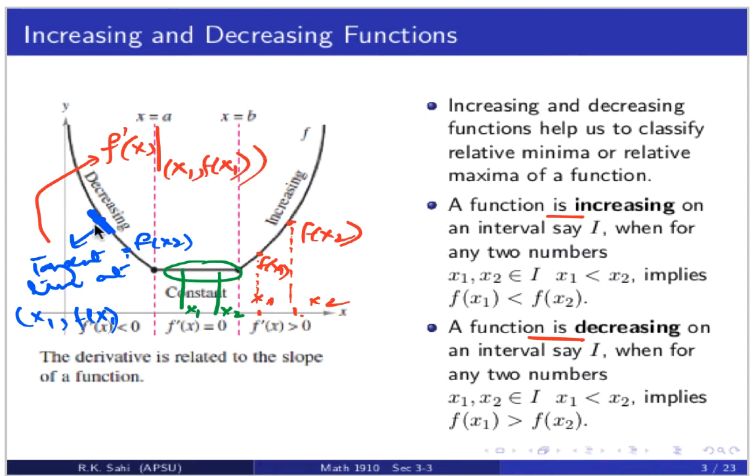Okay, so notice what this tangent line is. This is a straight line and the line is going down. So that means the slope, which is given by f prime of x evaluated at this point x1, is negative.